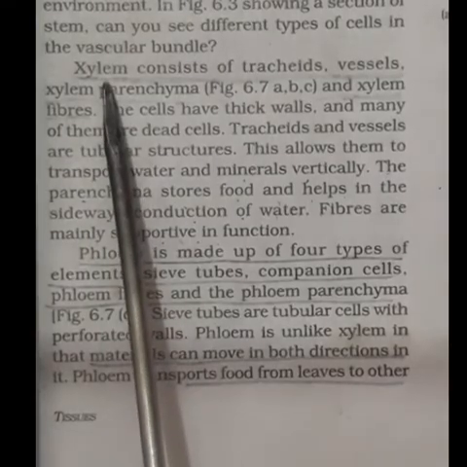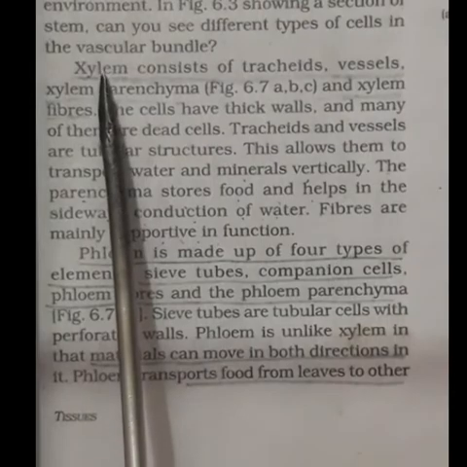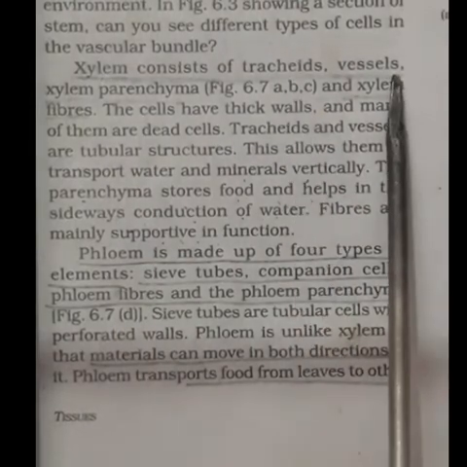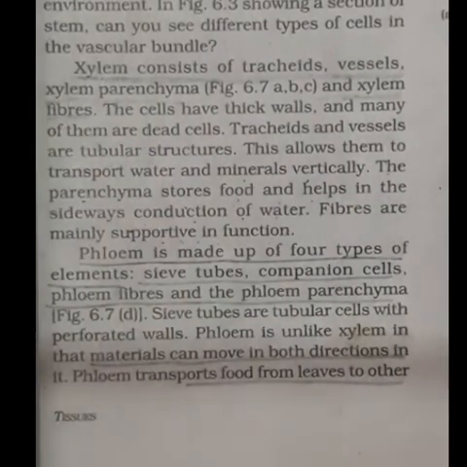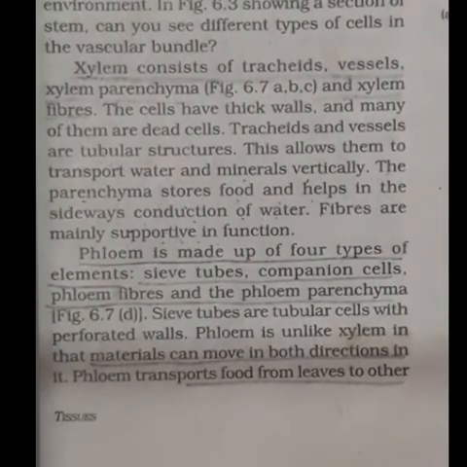Xylem is a complex tissue consisting of different types of cells. Which are the cells? Tracheids, vessels, xylem parenchyma and xylem fibers. These cells help in transporting water and minerals from the roots to the leaves and other plant parts.